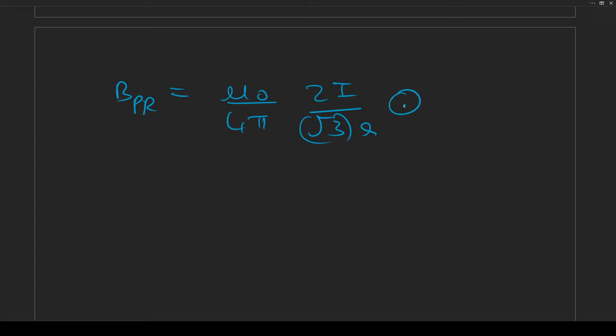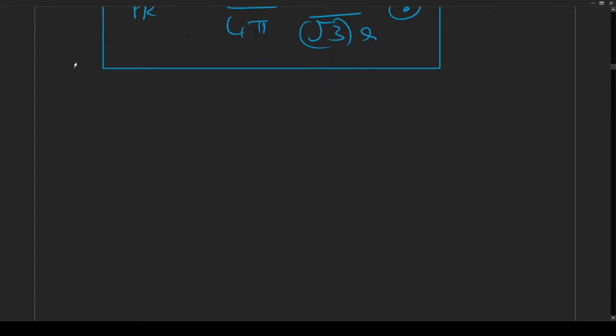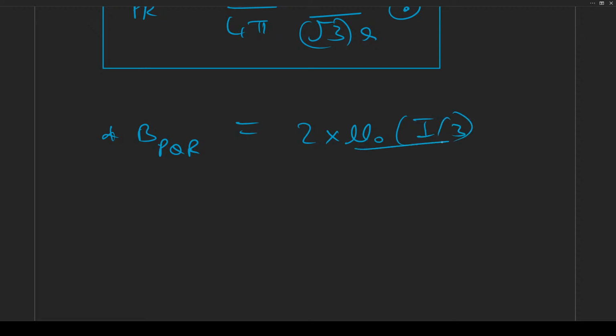This is directed outside. I'll keep R as it is now. As for the BPQR segment, which is equal to 2 times mu naught I by 3 by 4 pi R times 2 sine 60 degree.